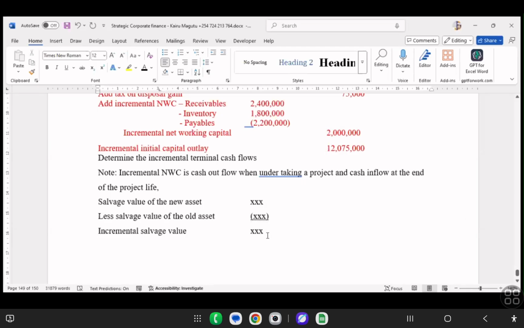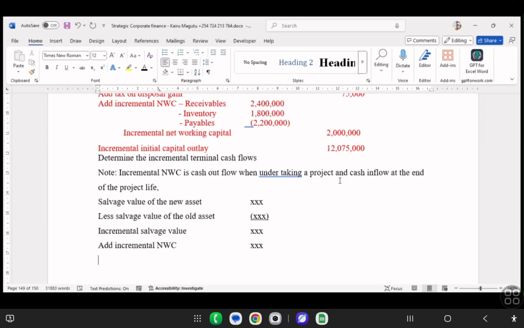Now, from there, we add incremental net working capital. We determined the incremental net working capital here as 2 million. So in our question, it would be there.